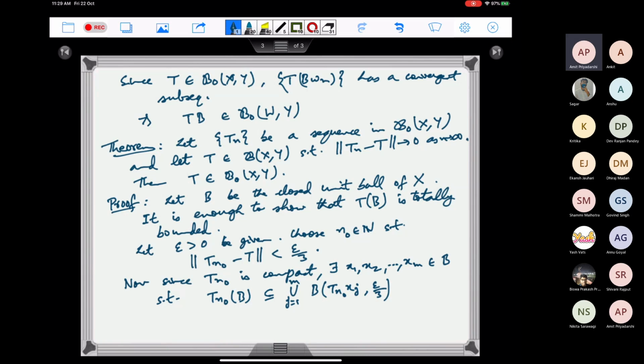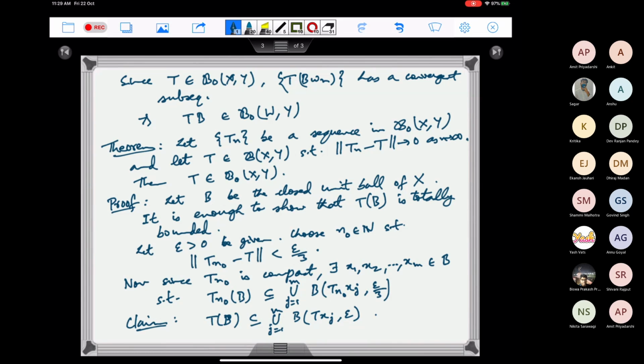So what we claim is that T of B is contained in the union over j equal to 1 to m of the ball centered at T x_j and radius epsilon. This will prove that T of B is totally bounded.